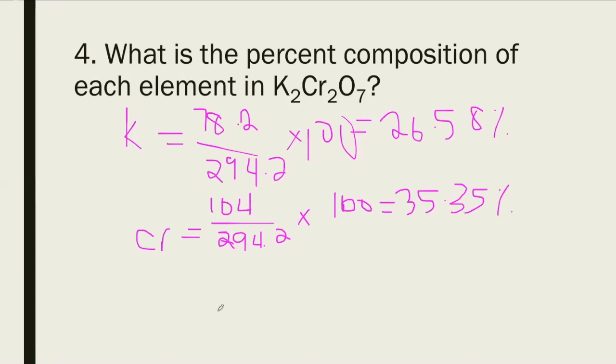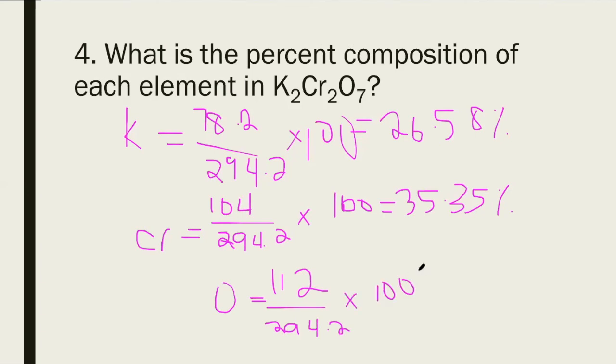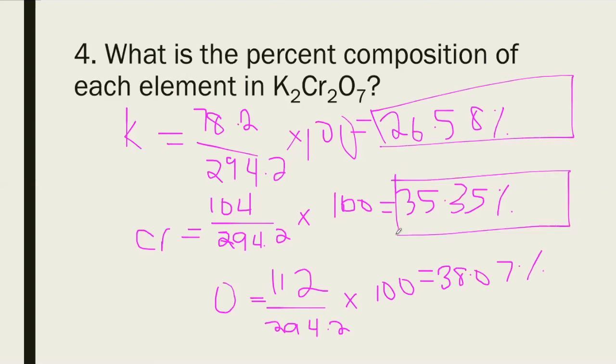And oxygen is 112 divided by 294.2 times 100, and that will give you 38.07%. So potassium, 26.58%, Cr, 35.35%, and oxygen, 38.07%.